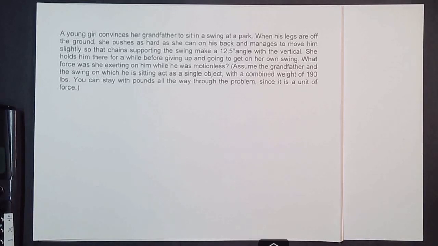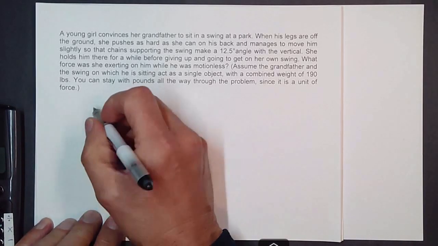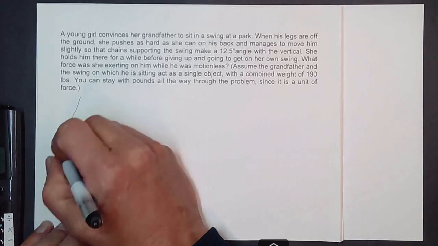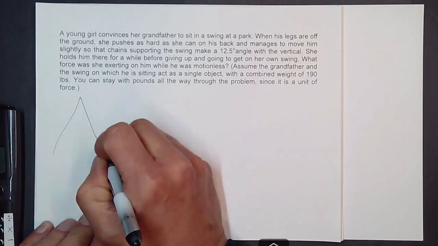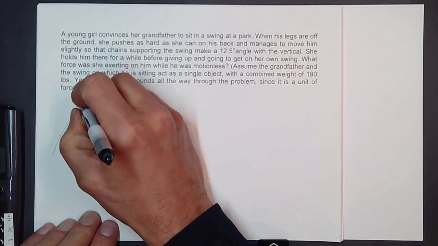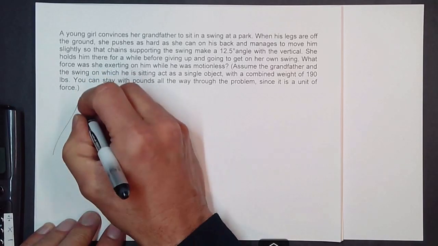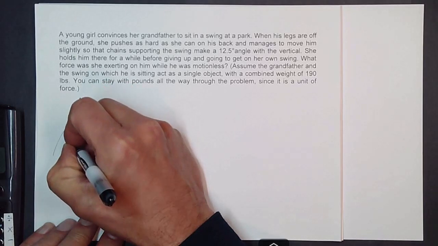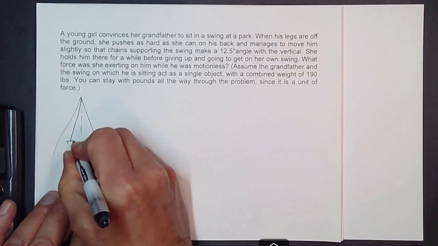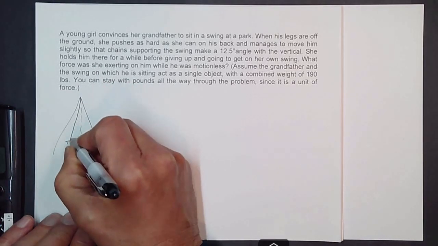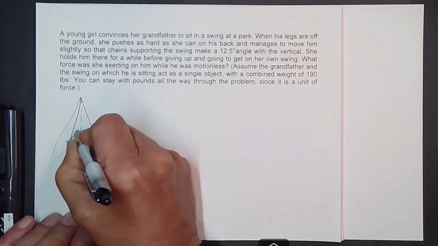All right, well, let's start off with a sketch here. We'll imagine that this is one of those big swings at a park. Here's the vertical direction. Coming down here is the chain that the guy is sitting on, and I have no idea how to draw this.